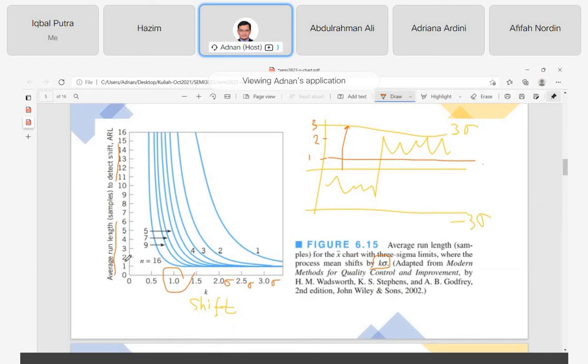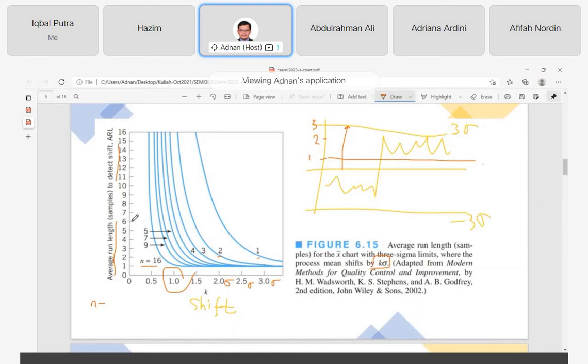If the shift is, say, a 3 sigma shift, it depends on n, the sample size: n equal to 1, n equal to 2, and so on. We see here how the n value influences how quickly we can detect.